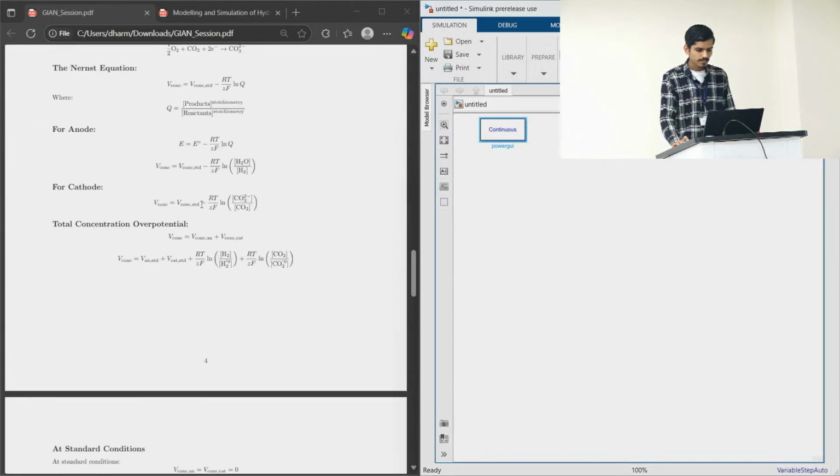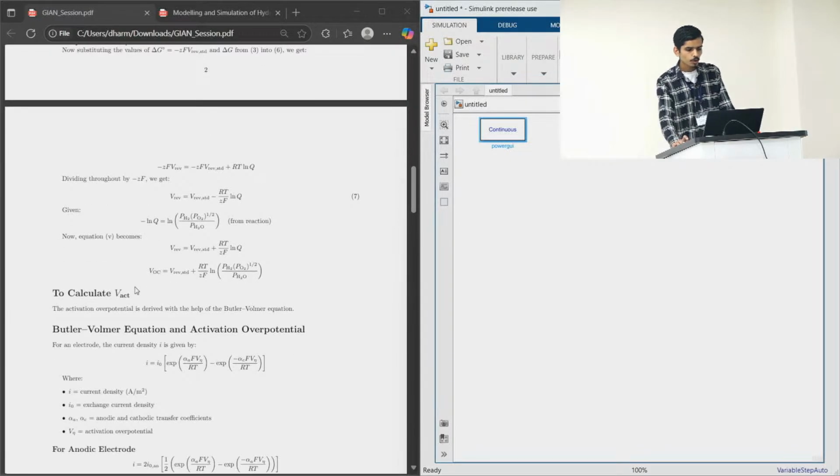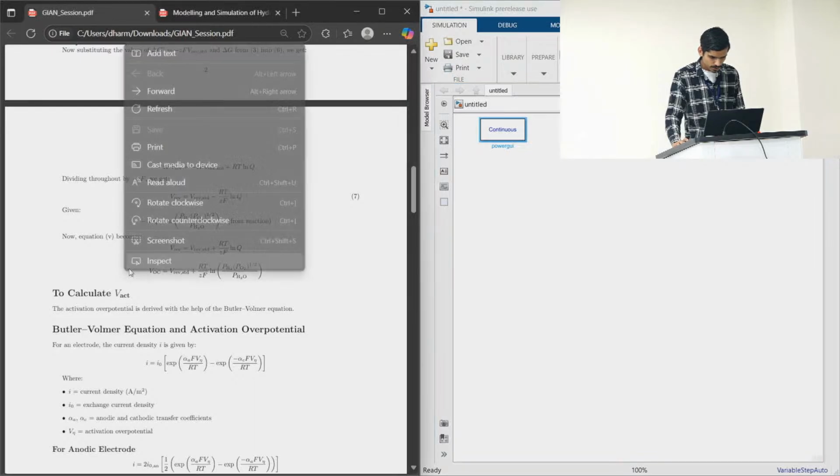So next we will start with the calculation of open circuit or reversible voltage. For that we have to model this equation.